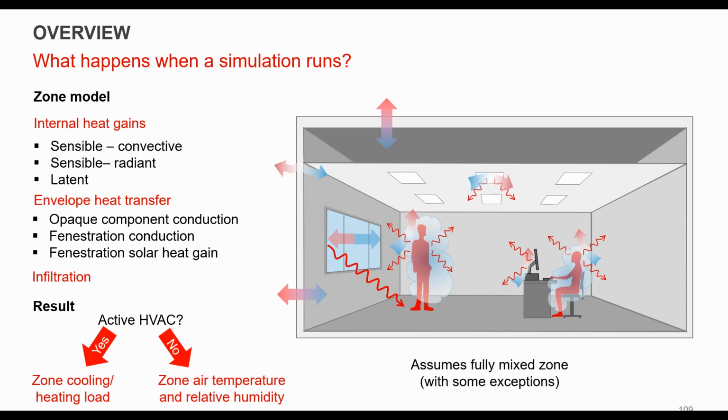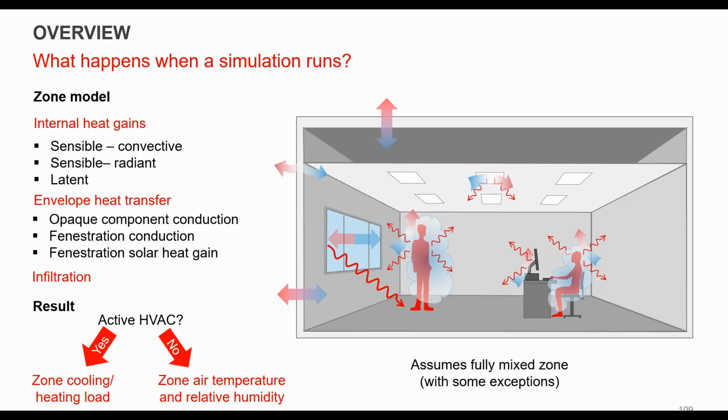So if there's an HVAC system, and again, there's different ways. If the HVAC system is off, for example, scheduled off for that hour, that will just increase the temperature and humidity in the room for that hour, right? Or if it's on, that load then will get passed to your cooling coil, your heating coil, whatever it may be, as a feedback mechanism to understand how much energy is consumed by reducing or increasing to meet that load.